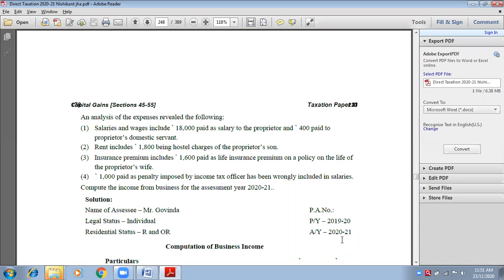Now read out all the four adjustments. Is anything related to an income that was wrongly not shown in the P&L? No, ma'am. All four adjustments are given for the expenses. No adjustment is given for the income.